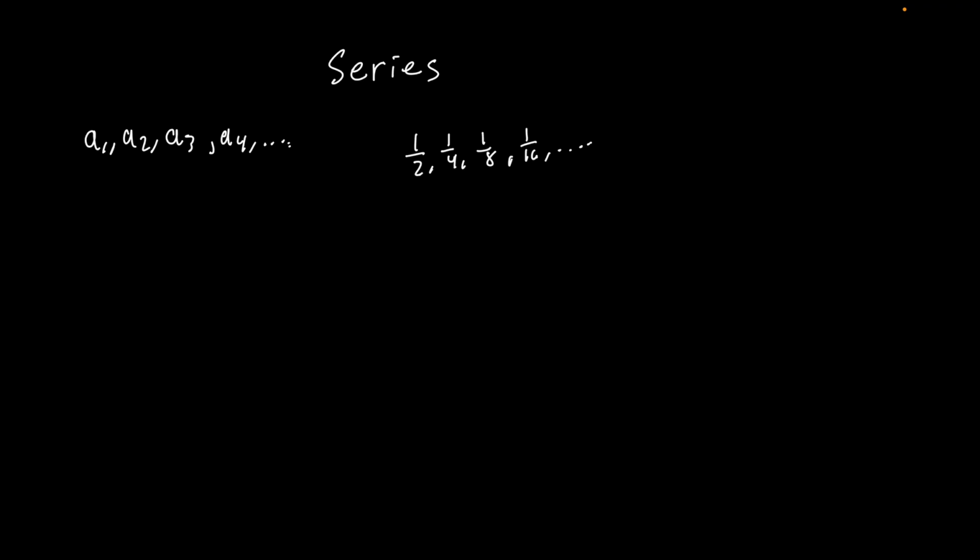Then the series of that would be the same thing, but you add them: 1/2 plus 1/4 plus 1/8 plus 1/16. So the easiest way to remember this is that a sequence is just a list and a series is just a sum of the list.